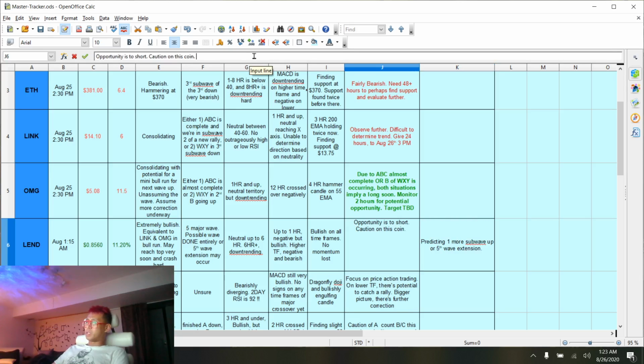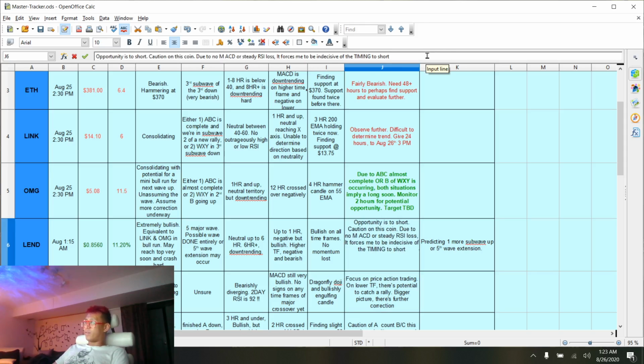So here I'm just going to list everything. Due to no MACD crossover or steady RSI decrease, no momentum loss, I'm indecisive. It forces me to be indecisive about the timing to short.